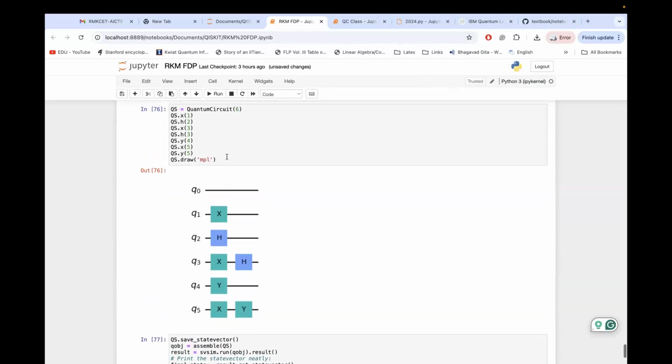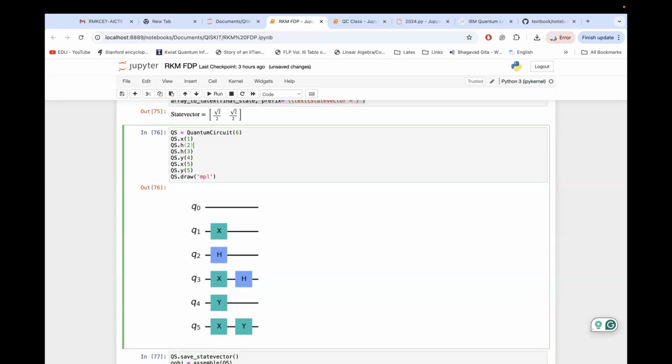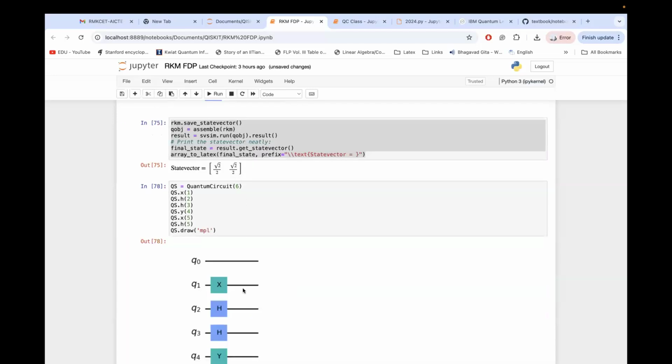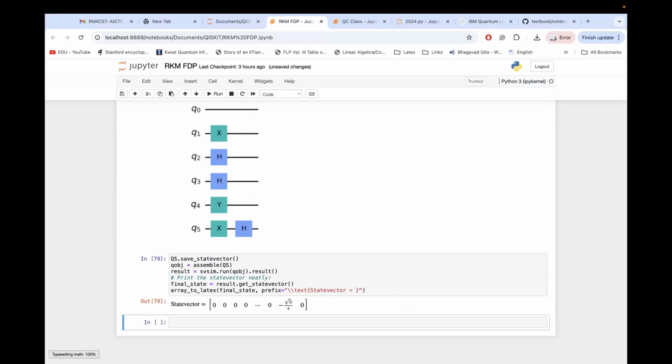And for example, even if you erase some gates, change. So this is the new circuit, and for the new circuit, what is the state? So this is the quantum state, right?